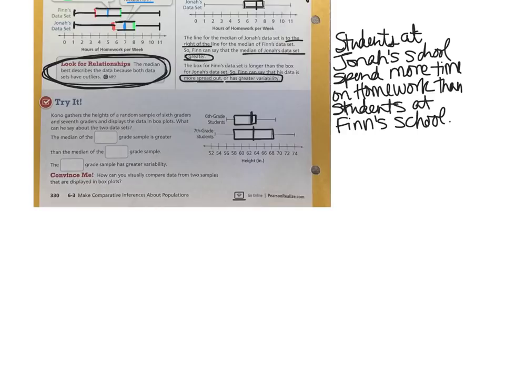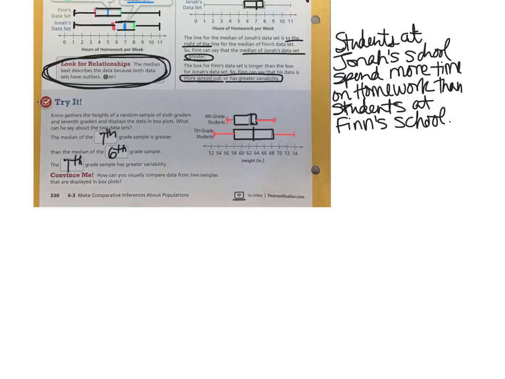Let me try that median again here. And we are going to be making some inferences here based on that information. So what can you say about those two data sets?